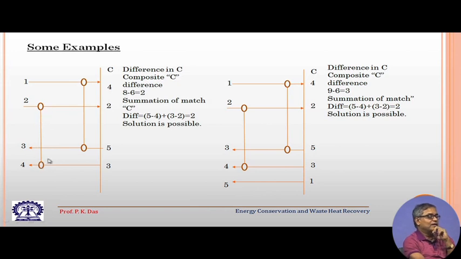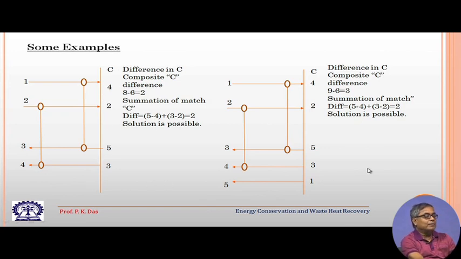In this case the individual match difference is 5 minus 4, and in the other case it is 3 minus 2. So 5 minus 4 is equal to 1 and 3 minus 2 is equal to 1, so the sum is 2. So, a solution is possible because we are considering the hot end of the problem.